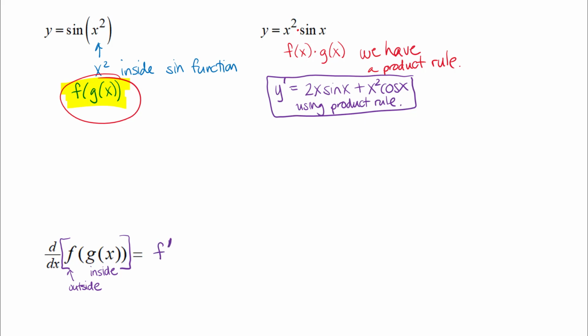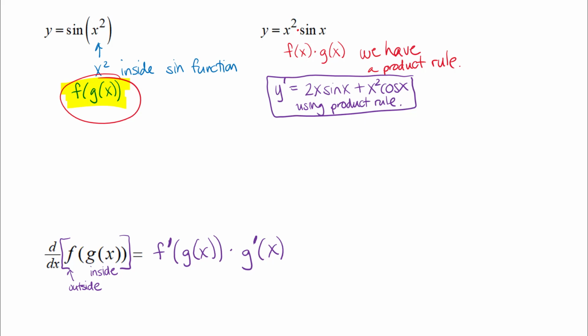What the chain rule says is that the derivative of f of g of x is f prime of g of x, times g prime of x. You can memorize this rule in a lot of different ways, using f primes and g primes, or u's and v's, or inners and outers, or other notation. However you think about it, it's really the same rule.